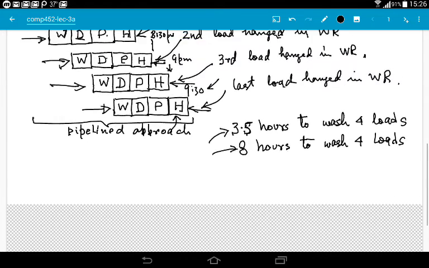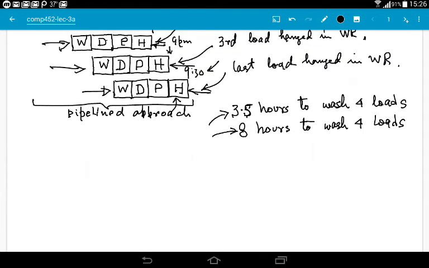So what is the approximate improvement in this case? 8 over 3.5. What is 8 over 3.5? Let me pull up my calculator. I do not have a calculator here.